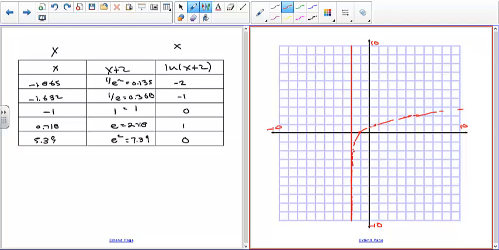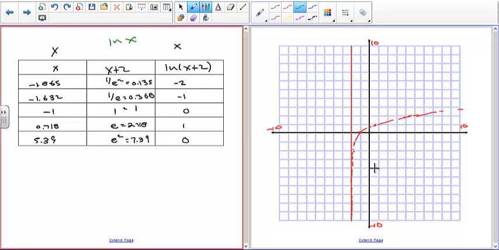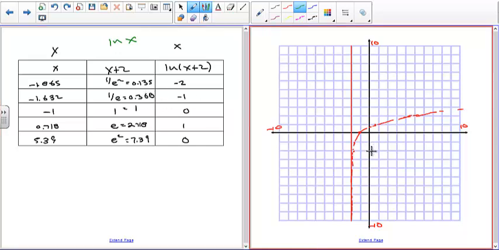And again, I could draw the parent function. The parent function would be the natural log of x. And that would have x equals 0 as the vertical asymptote. At -2, y, I would have 0.135. At -1, y, I'd have 0.368, should be right there.